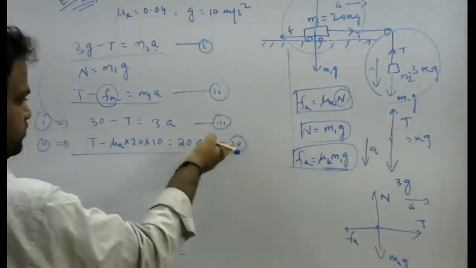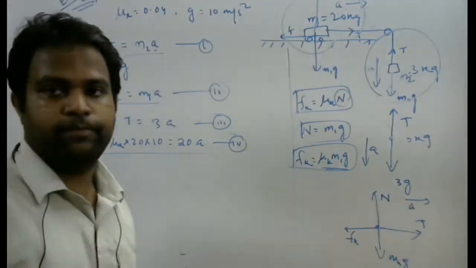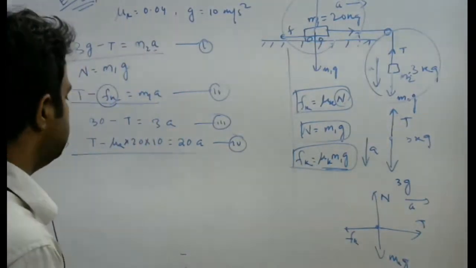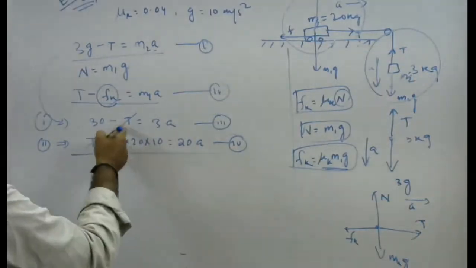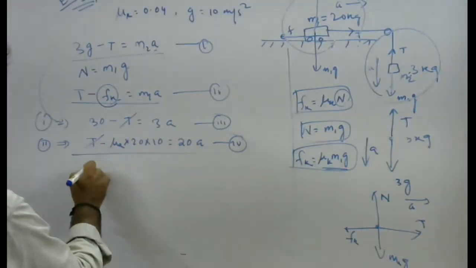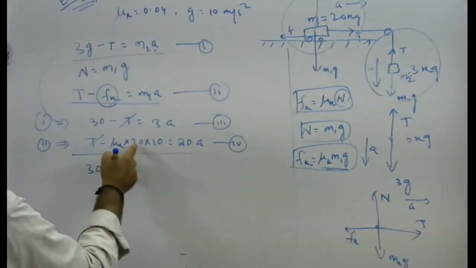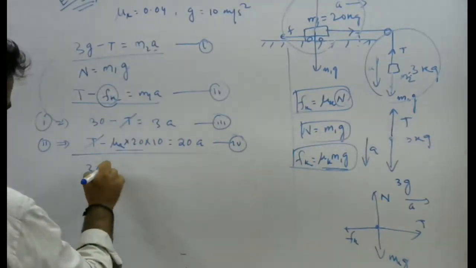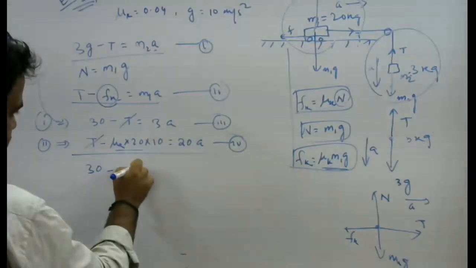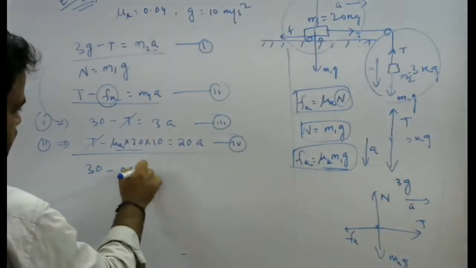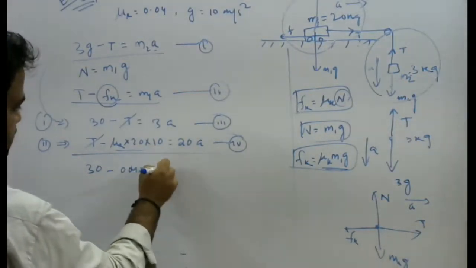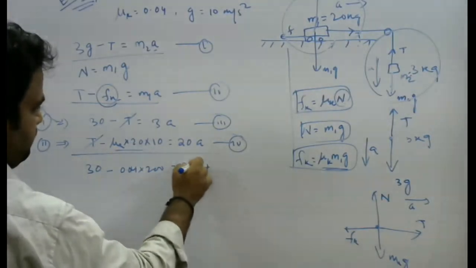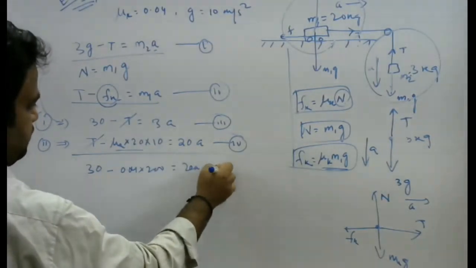Now add these two equations, 3 and 4. Using the elimination technique, minus T plus T will cancel out, so we are left with 30 minus mu K, which is given as 0.04, into 20 into 10, which is 200 minus 8, is equal to 20A plus 3A.